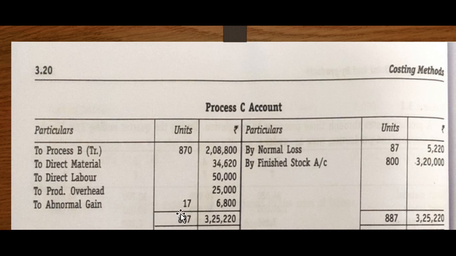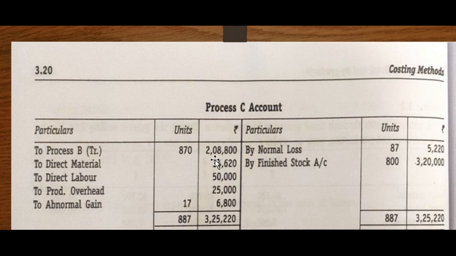So how to calculate it? The same formula which has been introduced: total cost minus normal loss cost, divided by number of units introduced minus number of normal loss units. So let us calculate your total cost.